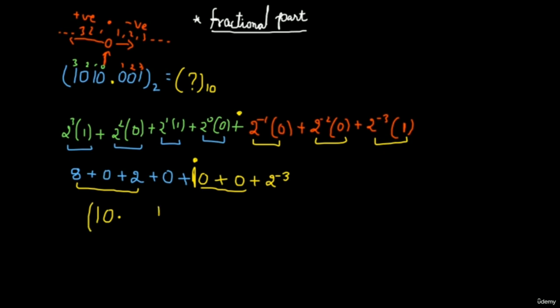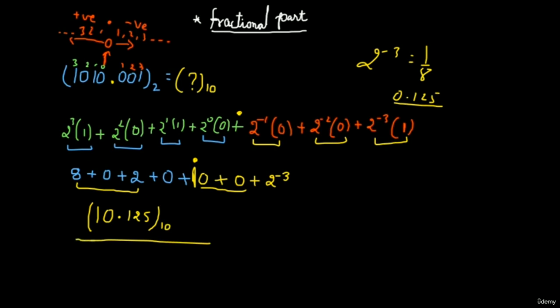Now 2 to the power minus 3 is actually 1 by 8, and that is going to be 0.125. So we are going to write 10.125 base 10.